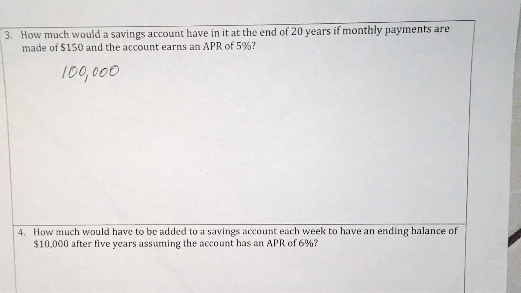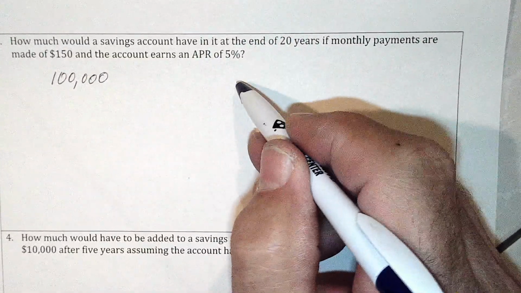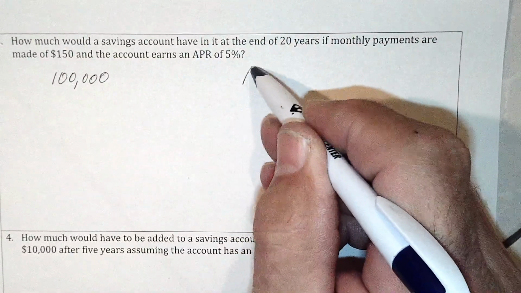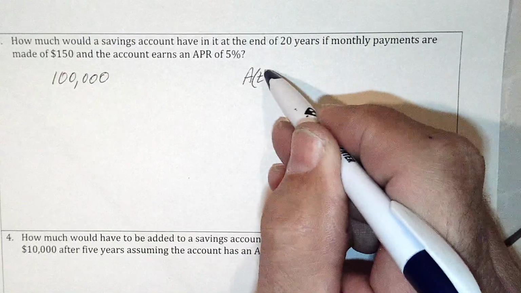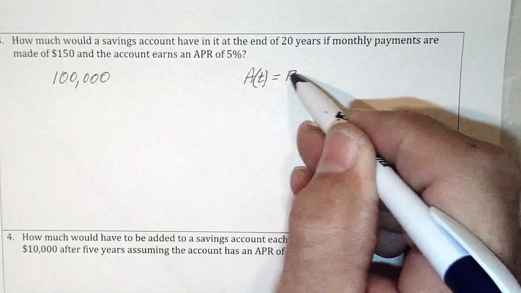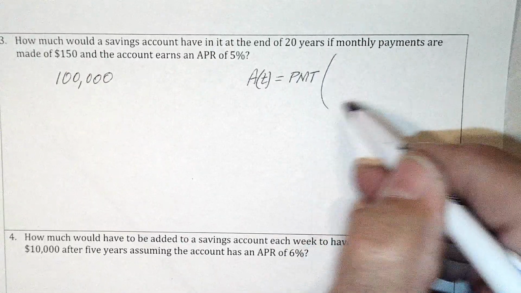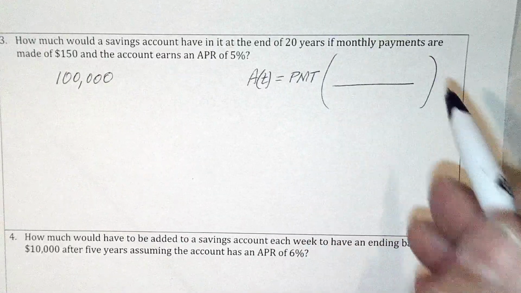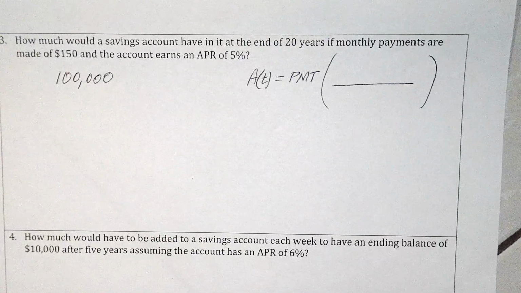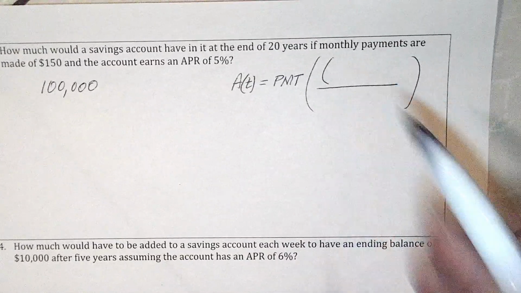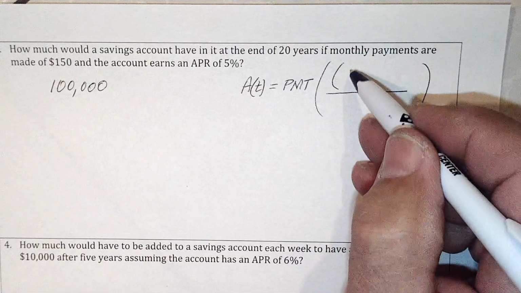So there's a whole other formula. The amount after some time is the payment that we put in monthly times a fraction. And that fraction, let's see if I can remember. I'm afraid if I try guessing this, I'll mess it up.